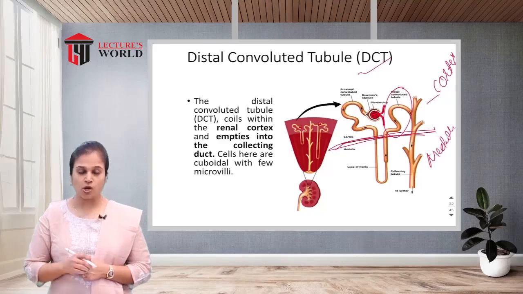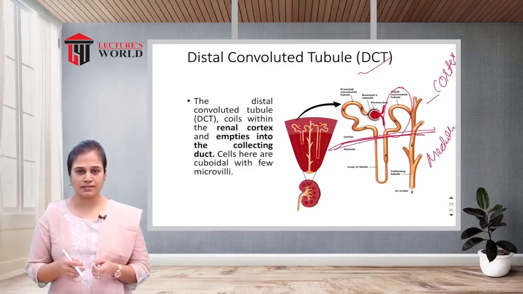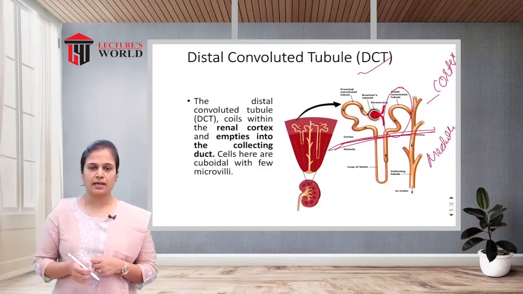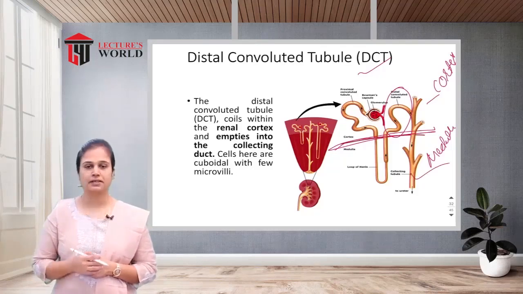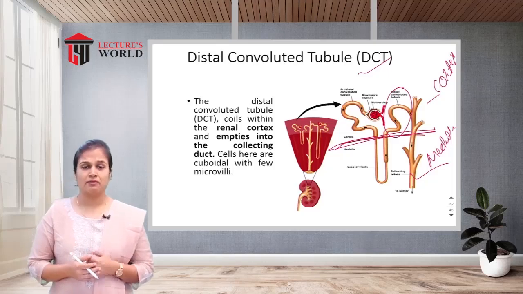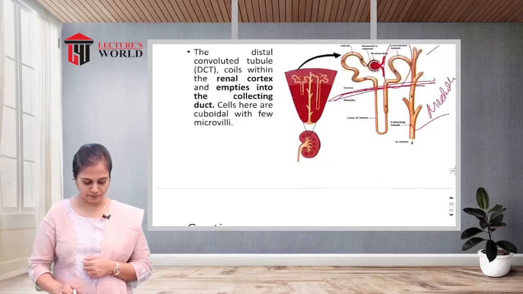The distal convoluted tubule gets coiled in the cortex and empties into the collecting duct. This one is the collecting duct, and it has cells which are cuboidal with microvilli.